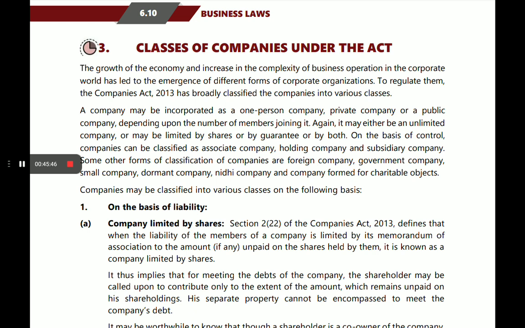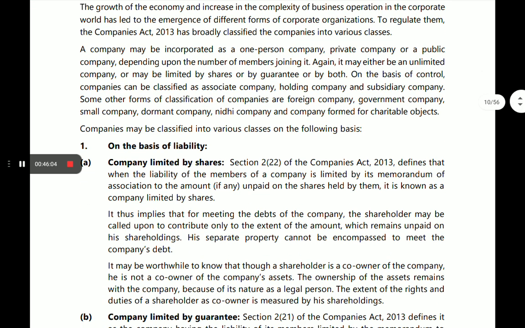Some other forms of classification of companies are foreign company, government company, small company, dormant company, Nidhi company, and company formed for charitable objects. Companies may be classified into various classes on the following basis.